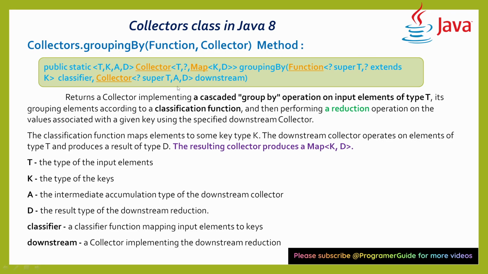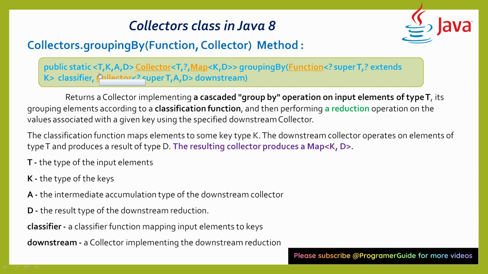Not only counting, whatever other collectors you want, Collectors.groupingBy can do the same kind of operations, even Collectors.groupingBy inside another groupingBy. For such cascade grouping scenarios, you can use the Collectors.groupingBy function with a collector method. Let's see the syntax.